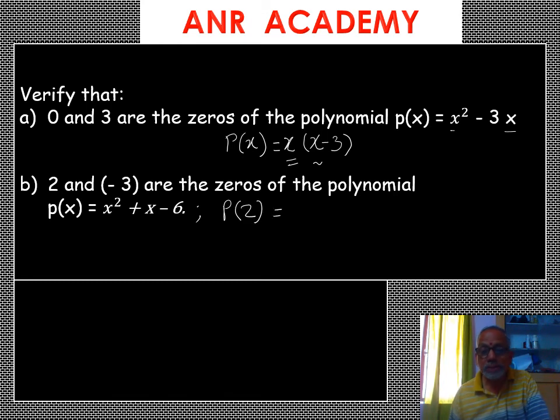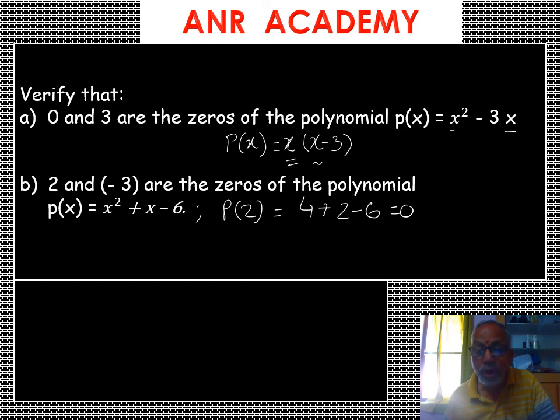You have to replace x by 2. 2 square is 4, plus x means 2, 6, minus 6, 0. So when we replaced the value of x by 2, the polynomial x square plus x minus 6 has become 0. So 2 is a zero of the polynomial x square plus x minus 6.